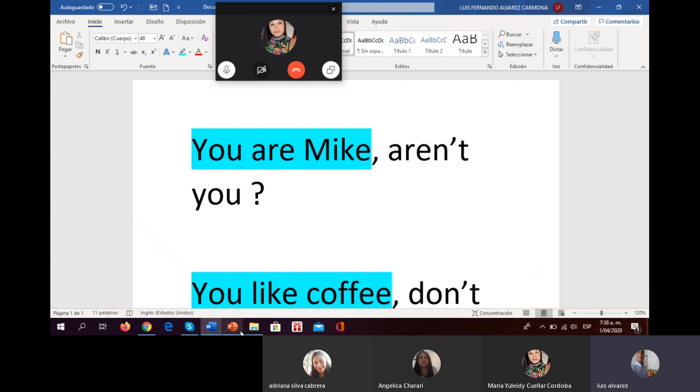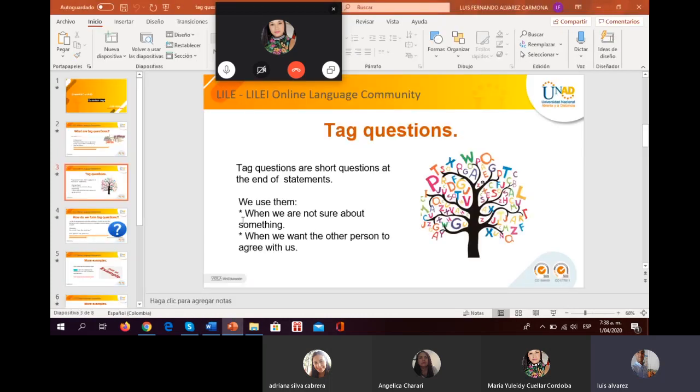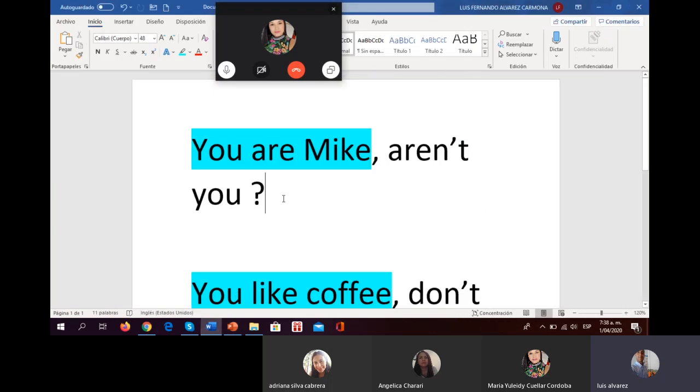So this goes in accordance with the first definition. We are not sure about something. So putting here in parentheses, for example, not sure. In that case, you use that statement. You are Mike, aren't you? So I'm not sure. Maybe I'm trying to remember the person's name. So that's why I say I'm not sure. In this condition, the sentence is giving that meaning. You are Mike, aren't you?